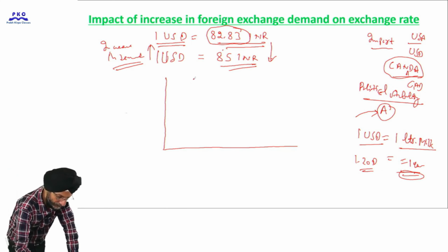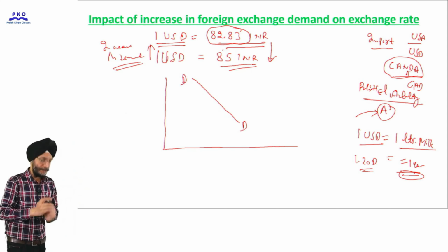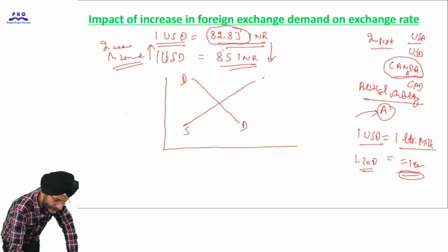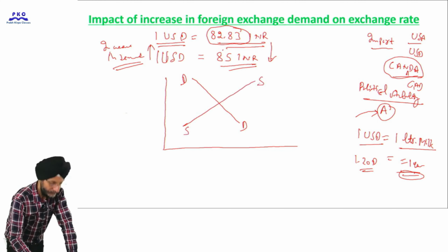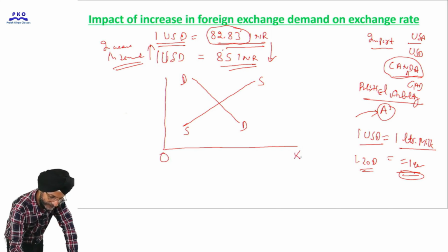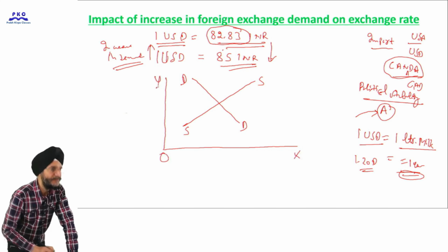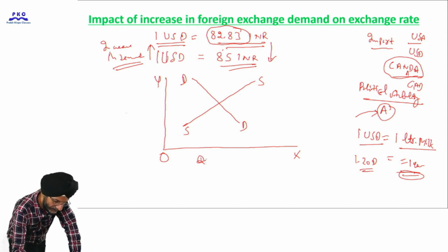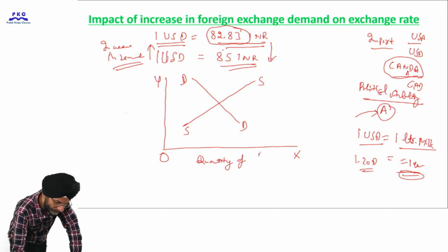As you know, this is the demand curve, which is downward sloping. This is the supply curve, which is upward sloping. OX is the x-axis, OY is the y-axis. Here it is the quantity of foreign exchange demanded.